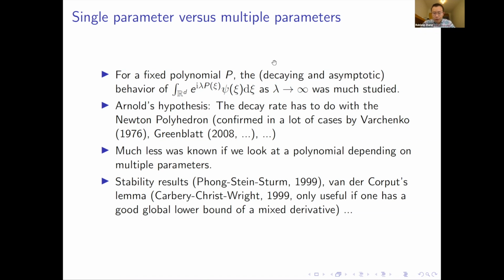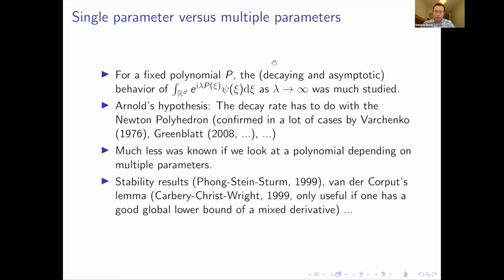There's also van der Corput's lemma in higher dimensions developed by Carbery, Christ, and Wright, which is actually quite nice, especially if you're looking at the case when you have a polynomial of a given degree in a given dimension, then you would have a very nice van der Corput lemma, as shown in their paper. But the van der Corput lemma, they have the nature that it's only useful if you have a good global bound on a given mixed derivative of the polynomial.